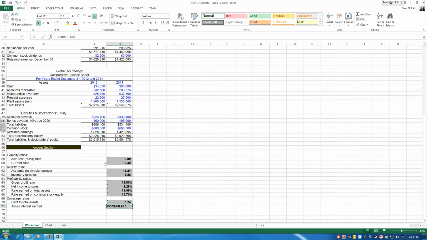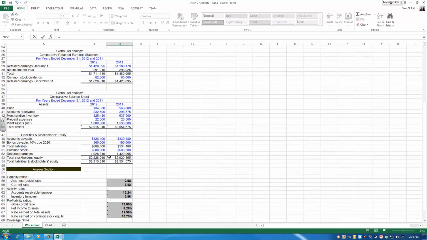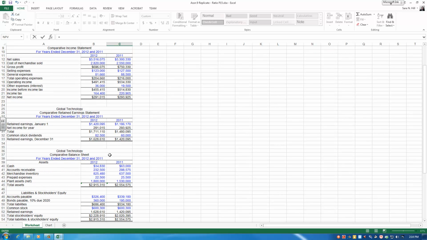And the very last one is times interest earned. Times interest earned is going to tell a banker how many times over you'll be able to pay your debt to them based off of your operating income. So the formula is times interest earned equals your operating income divided by the interest that we are paying. Here we're going to go back up to our income statement.